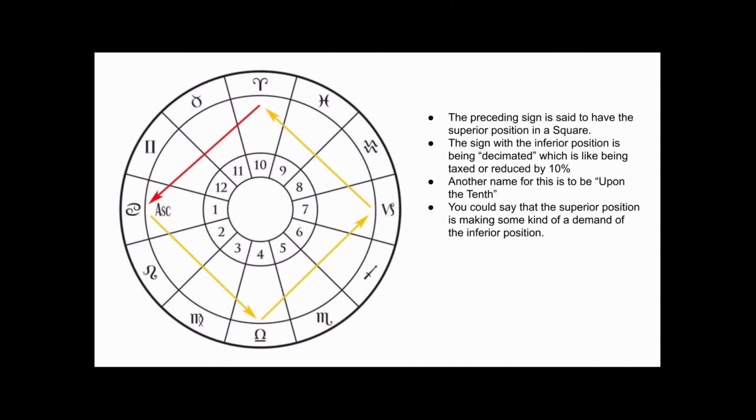A quick note about this graphic as well is that another way to understand the whole superior square thing is to take this example of Cancer and Aries, okay? Let's say the sun was in Aries. It's going to take 1 to 3 months for the sun to eventually move to the position of Cancer, right? Now, it's going to take a hell of a lot longer for the sun in Cancer to get all the way back to Aries.